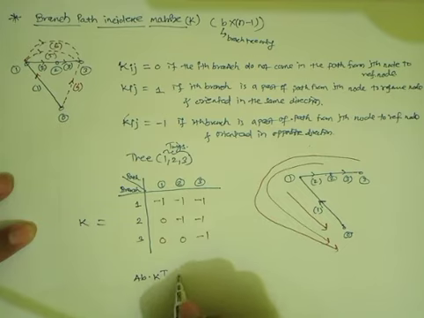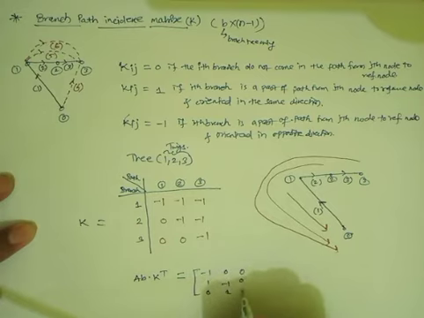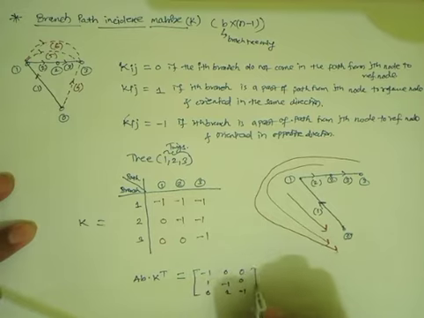AB was a 3 by 3 matrix corresponding to the branches only: -1 1 0, 0 -1 1, 0 0 -1.